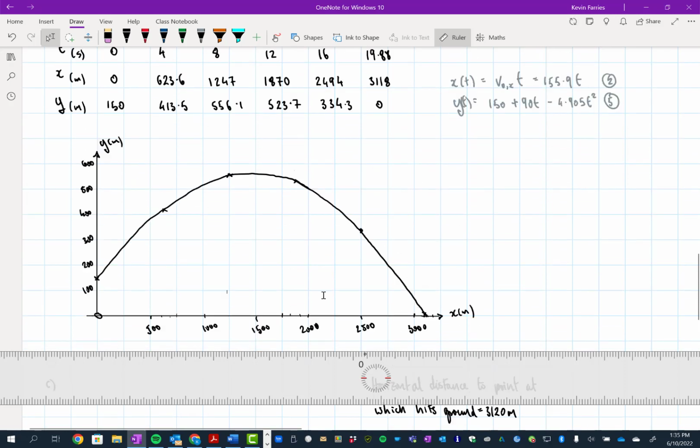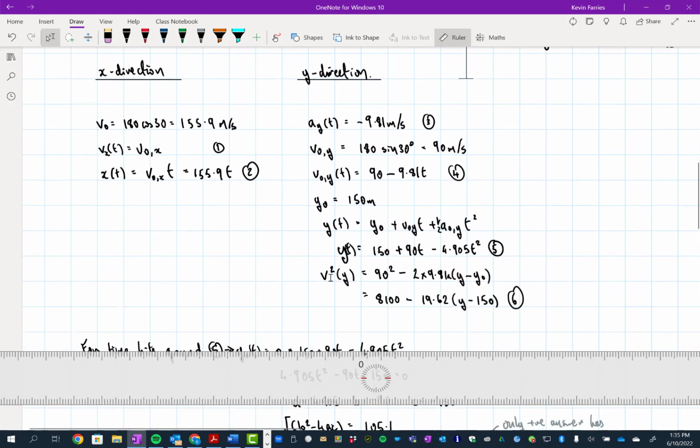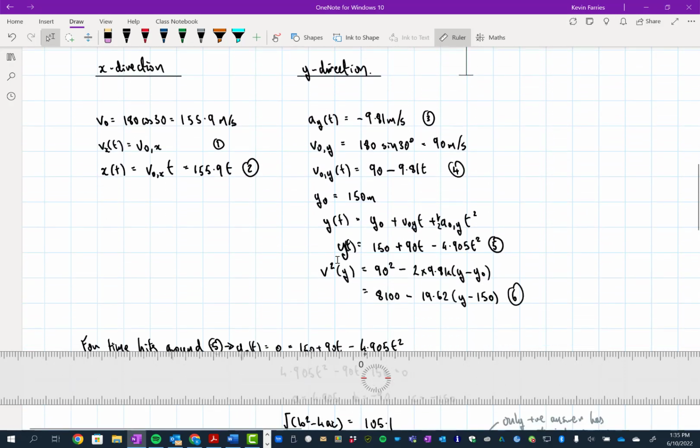So then we just need to think which equation we are going to use. Now we could use this one, which is probably going to be the quickest way to do it because we know that the velocity at this position is going to be 0, and it's going to directly give us the y displacement for that. And so that would work well.